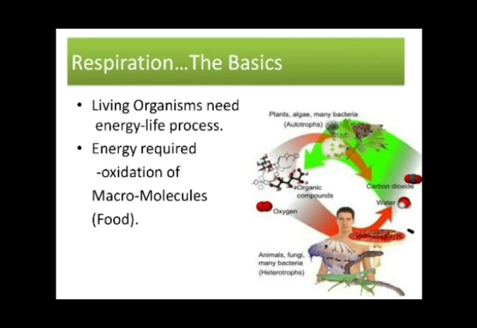Now the question arises here, where does this energy come from? We all eat food. This food contains various macromolecules which are oxidized and give us energy to complete our basic life processes.